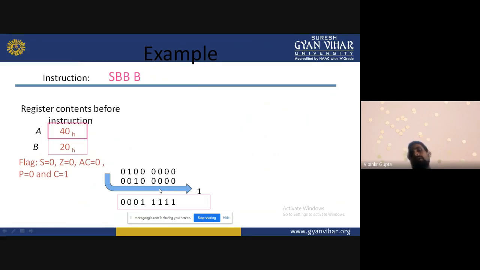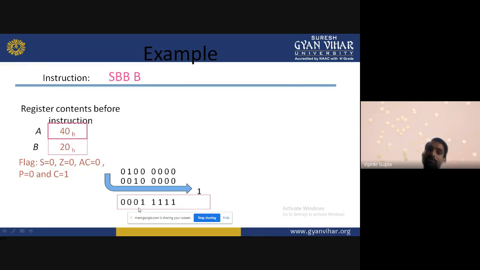Some students add 1 to the subtrahend here, so it is minus 1 like that. Different people use different ways. I am adding this 1 here, so that is the same way. So 10 minus 1, again 1. Now 1 borrow is also here. We are taking 1 borrow here.